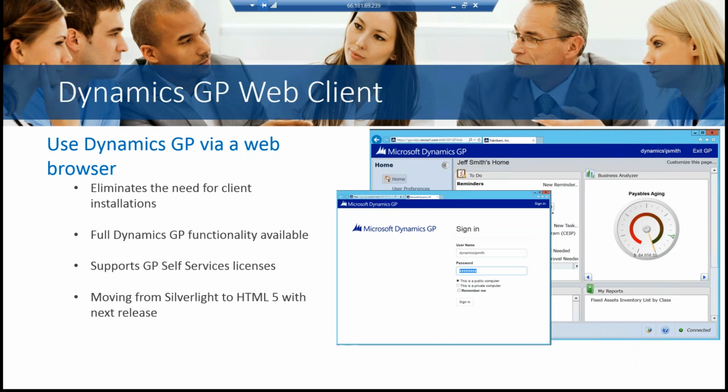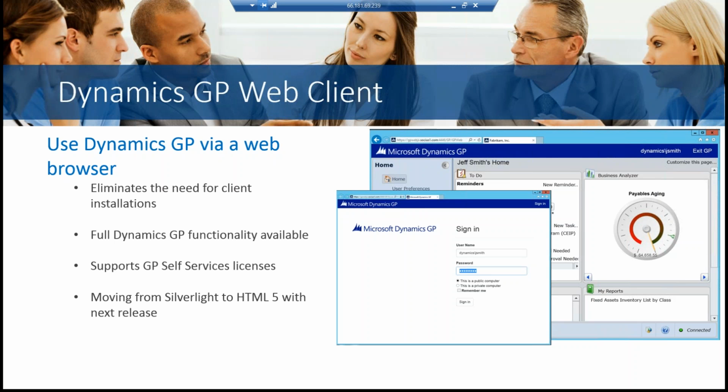At that point, from a technology perspective, the web client will actually move from what's called Silverlight to HTML5, and for those of you that are technical, I'm sure you have a good grip on what that all means. And for others, it's really just making sure that the solution is taking advantage of the latest and best tools for surfacing GP as a web client.